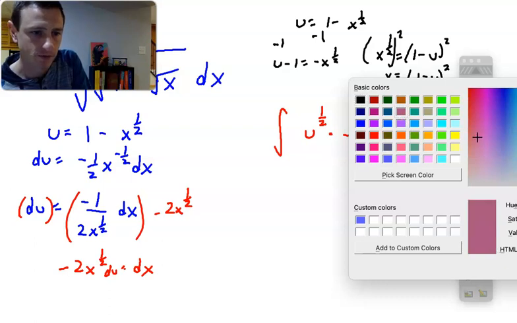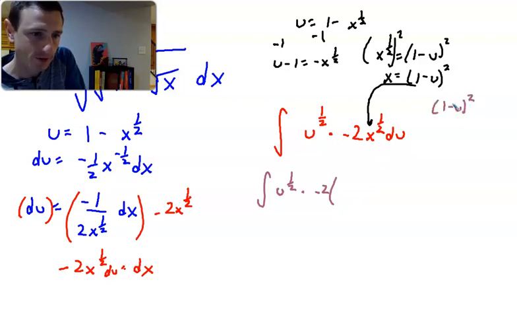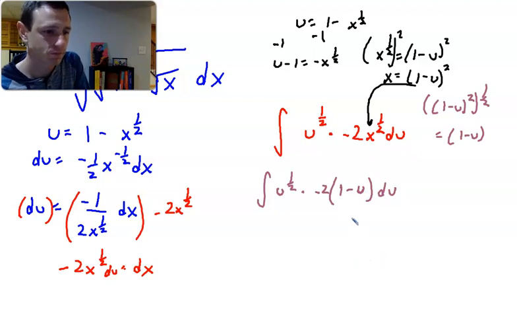So I'm going to have the integral of u to the 1/2 times negative 2 times 1 minus u squared to the 1/2, which is really just 1 minus u. So negative 2 times 1 minus u du. Still not out of the woods yet.